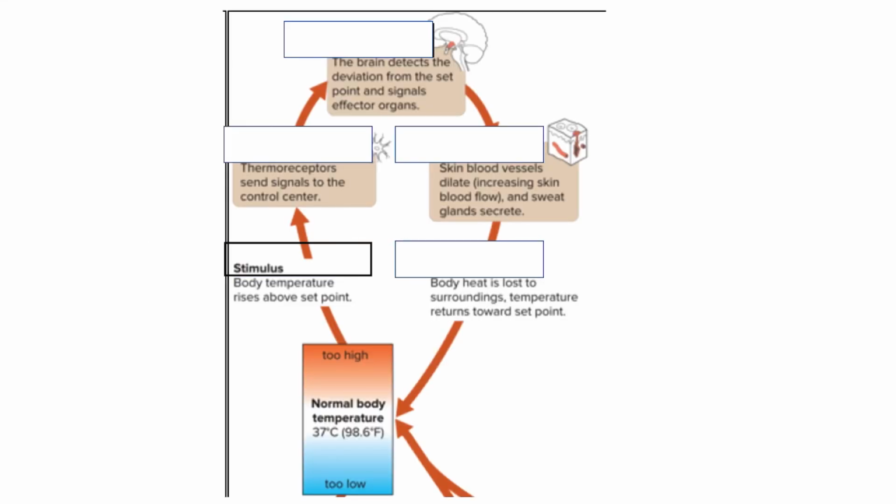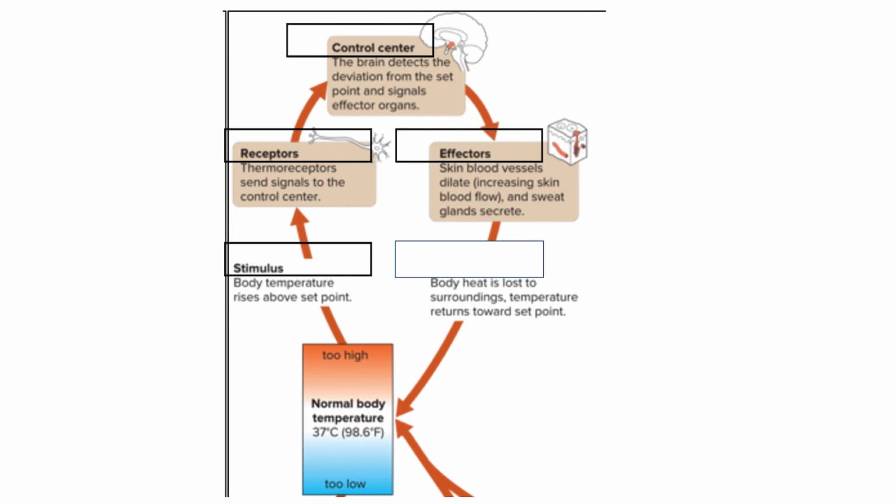Okay, again, when the body temperature is high, we start with the stimulus. And the stimulus is the body temperature being higher than the set point. And then receptors will see that, and specifically thermoreceptors, and they will signal the brain, the control center, that something is off.